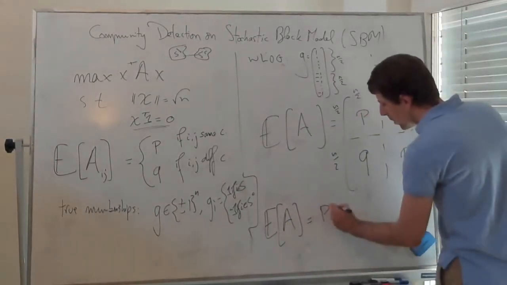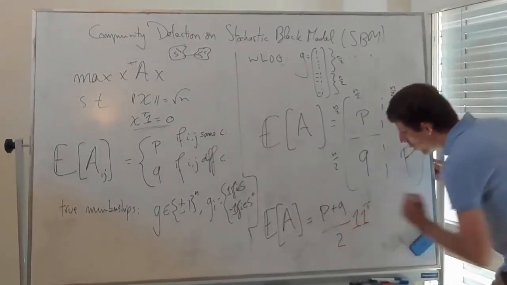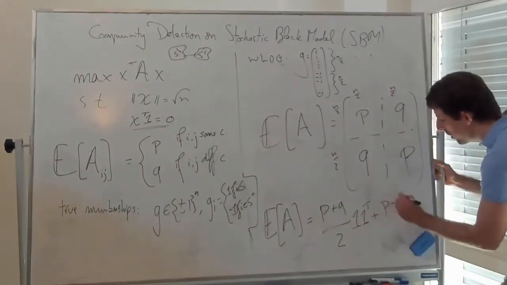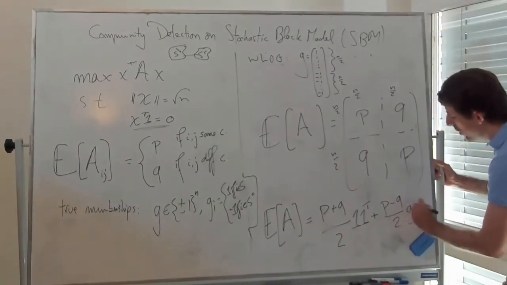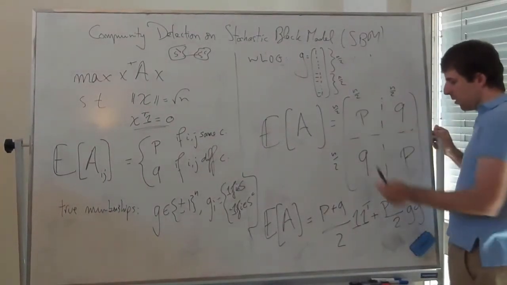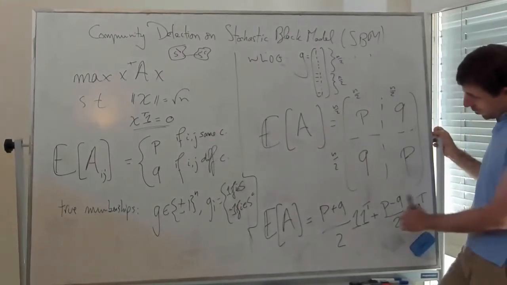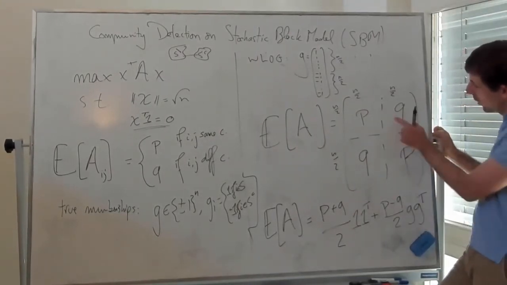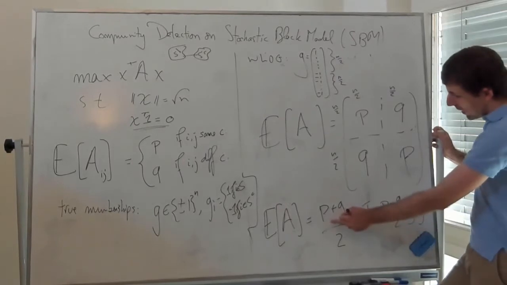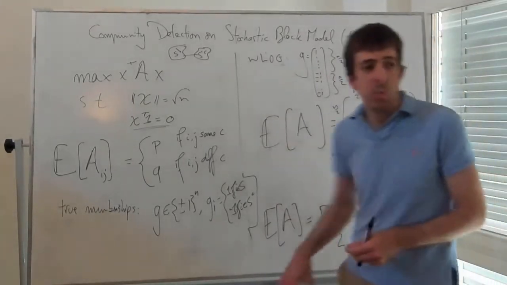It's just (P plus Q) over 2 times 1 1 transpose, the all-ones matrix, plus (P minus Q) over 2 times G G transpose. Why? Well, if we're in an entry here, then G_i G_j is just 1, so we get this plus this, so we get P. For here, this is minus 1, so we get this minus this, so we get Q. So this is completely compatible.